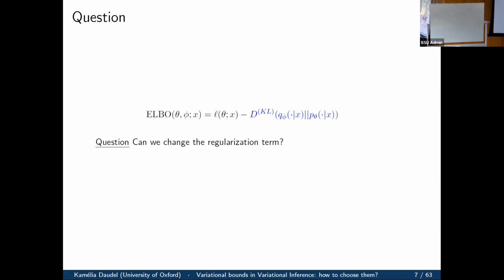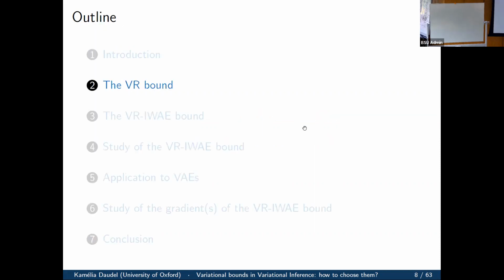So you can ask a similar question in the context of variational inference. Now I'm going to introduce one case where we change this regularization term. The underlying question is whether we can change it, and will it make our life better somehow? And this brings us to the VR bound.